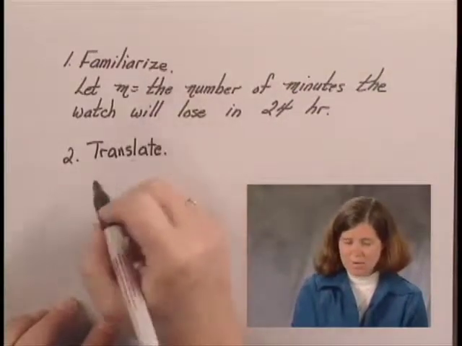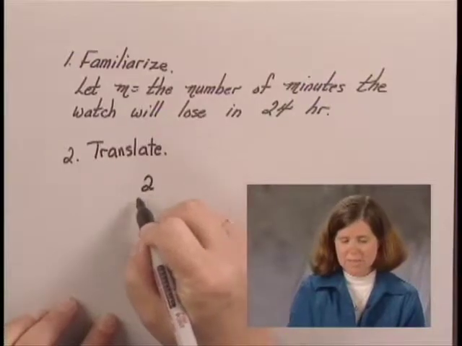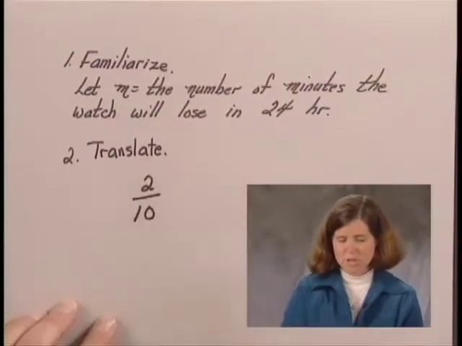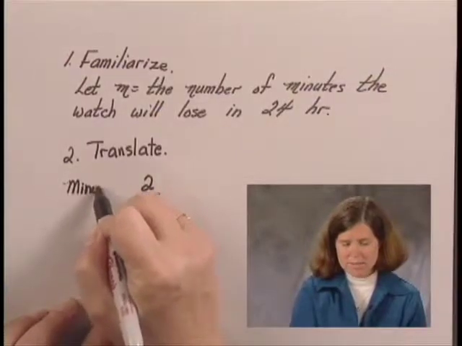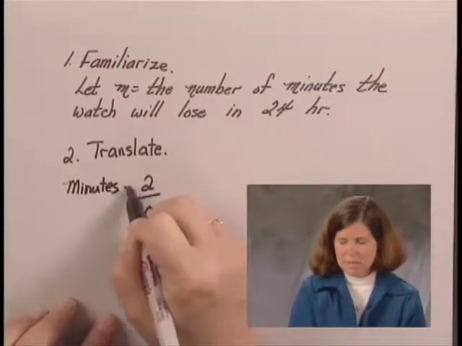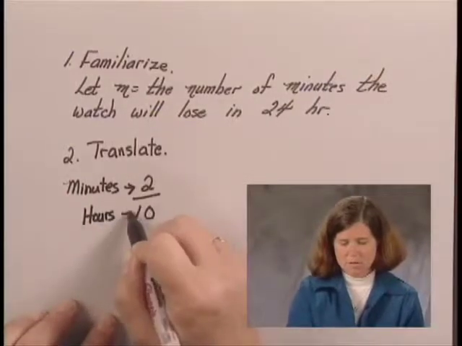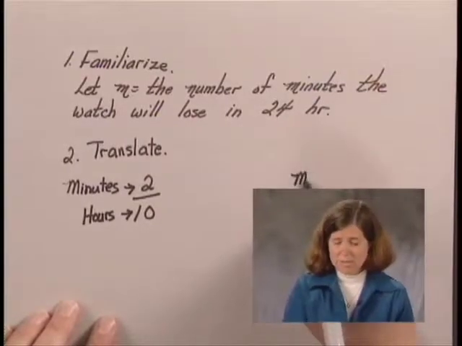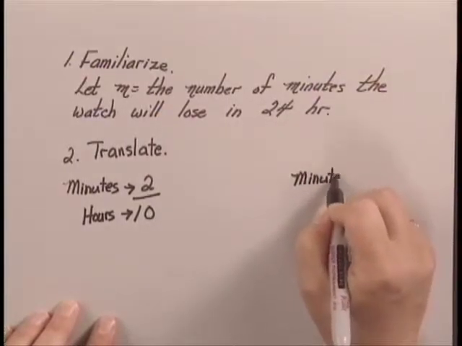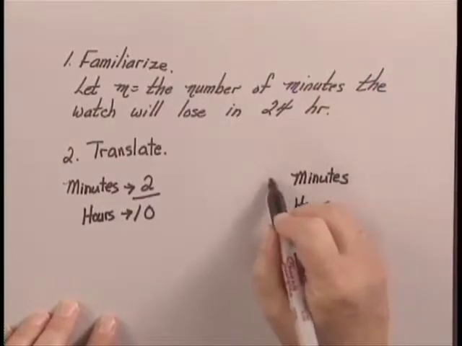To translate, our first proportion we're given is 2 minutes lost in 10 hours, or the first ratio or rate we're given. This is minutes lost. This is how many hours it took. So our other ratio has to have minutes lost in the numerator and how many hours it took in the denominator.